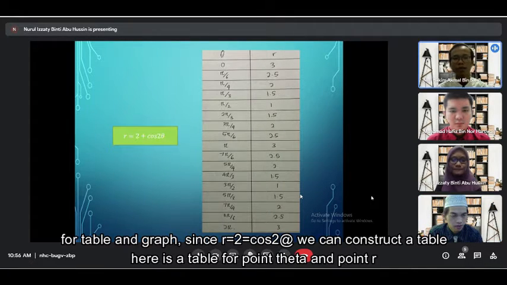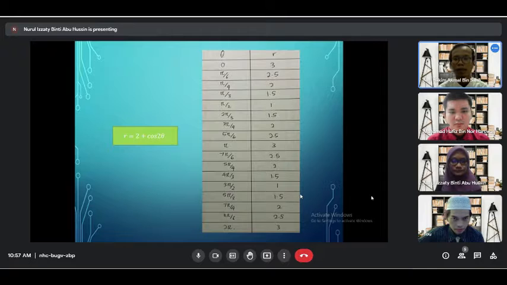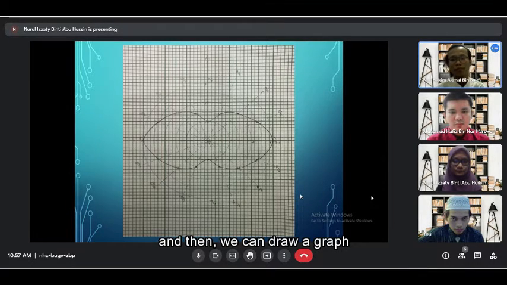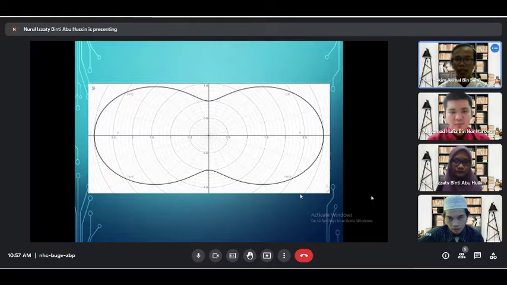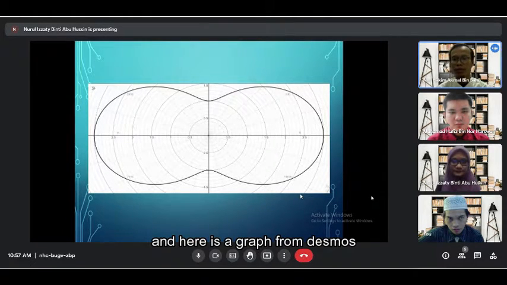For a table and graph, since r equals 2 plus cos 2 theta, we can construct a table. Here is a table for theta and r. And then we can draw a graph. Here is a graph that I sketched, and here is a graph from Desmos.